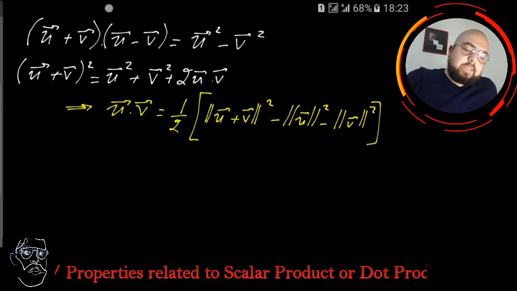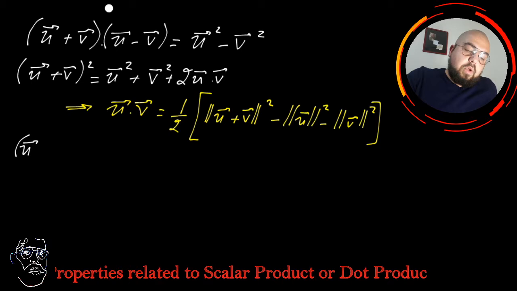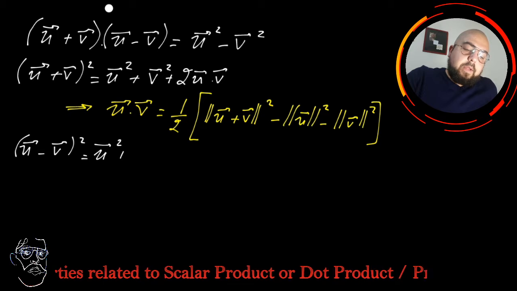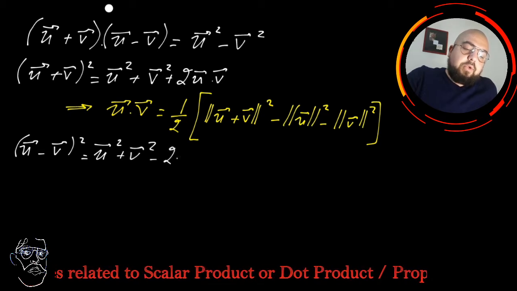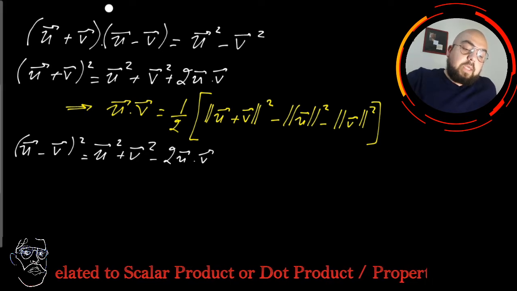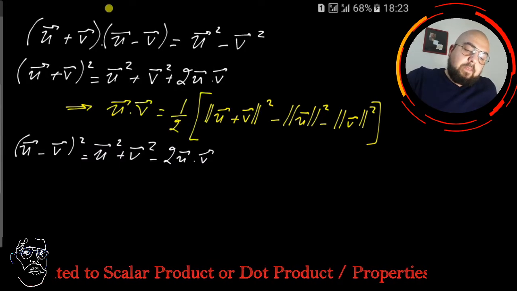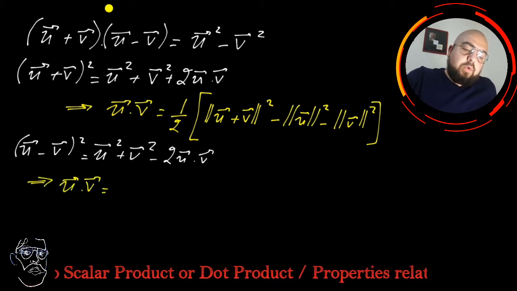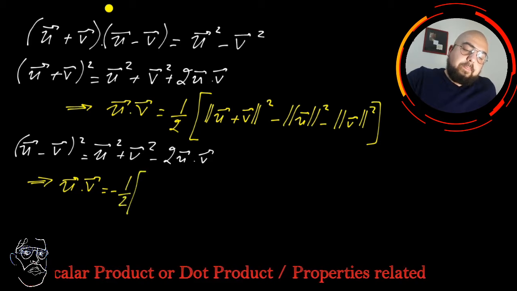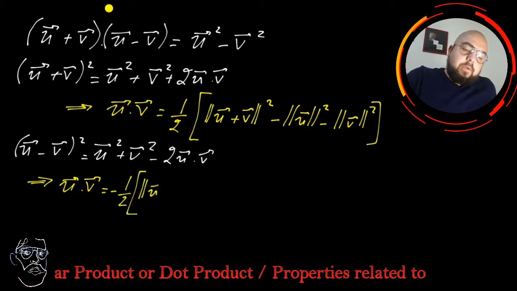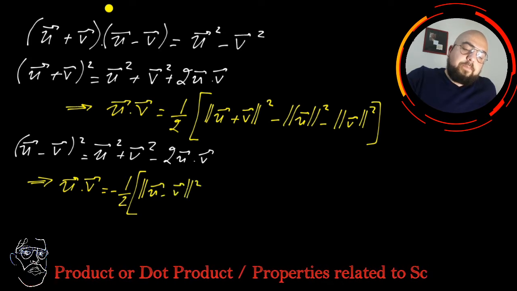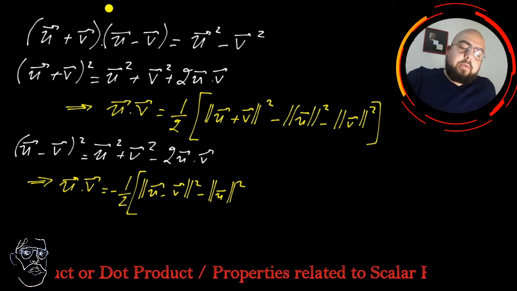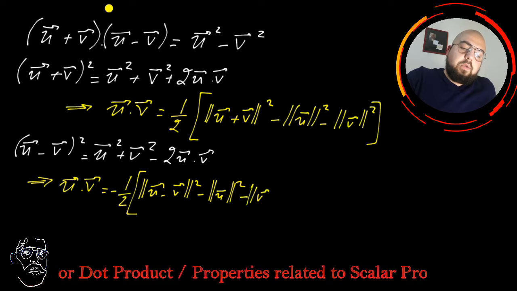Similarly, when we have u minus v, u minus v to the power of 2 is equal to u squared plus v squared minus 2 u scalar v. From this I can also deduce that u scalar v is equal to minus 1 over 2 times the norm of u minus v to the power of 2, minus u squared, minus v squared.